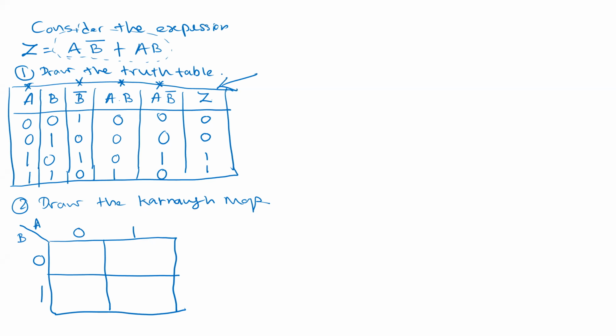This output is what we add to the Karnaugh Map. Right? So look, in this first entry, A is 0, B is 0, Z is 0. So whenever A is 0, B is 0, Z is 0. And whenever A is 0, B is 1, Z is 0.